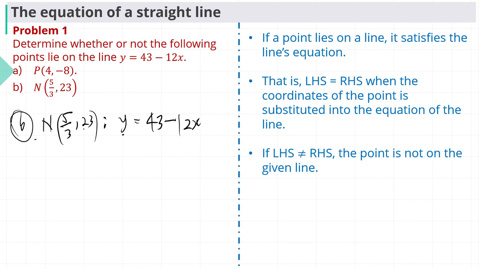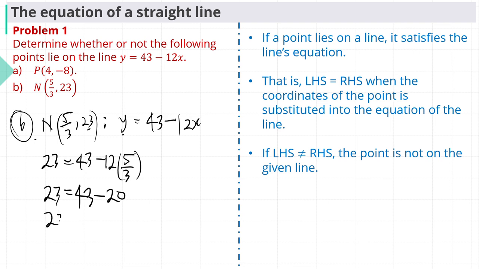In place of y, we substitute the y coordinate 23. We substitute the s coordinate 5 divided by 3 for s. Minus 12 multiplying this fraction gives us minus 20. 20 from 43 gives you 23.